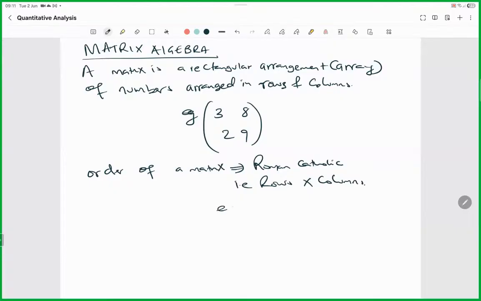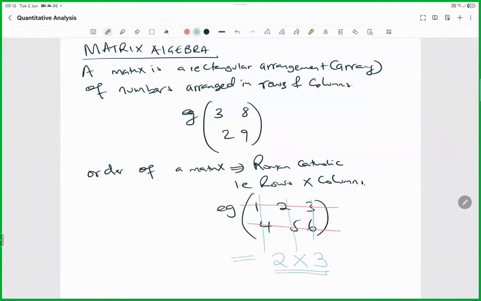So for example, if you have 1, 2, 3 and 4, 5, 6 like this, how many rows does this matrix have? Rows move like this: row 1, row 2. Columns go down like this. So columns are 3, rows are 2. So the order of this matrix is 2 by 3.